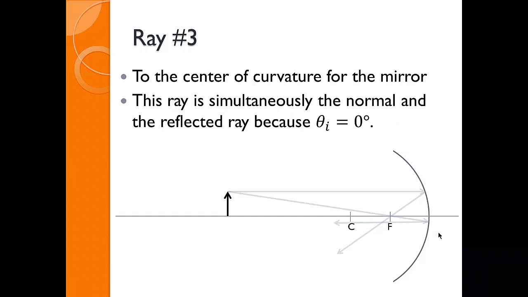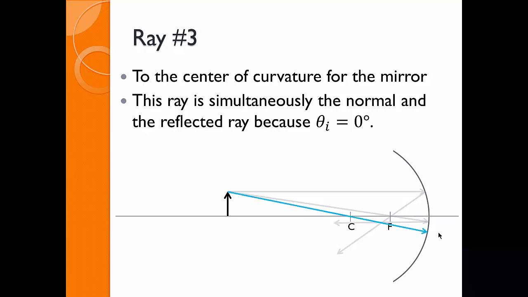A third ray that we could draw, and in some cases it may be easier, goes from the object through the center of curvature. Because my incoming angle and my reflected angle both have an angle of incidence of 0, there's no reflected ray. The reflected ray and the incident ray happen to be the same line.